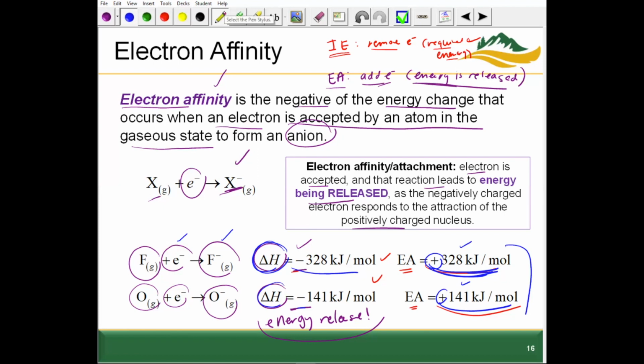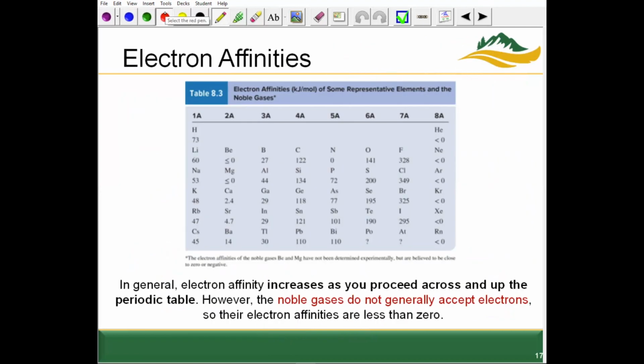Again, the takeaways: ionization energy, to remove an electron, energy is required. Electron affinity, where an electron is added, means energy is released. So this is table 8.3 on electron affinities in kilojoules per mole. In general, electron affinity increases as we proceed across and up the periodic table, from left to right and as we go up a group.